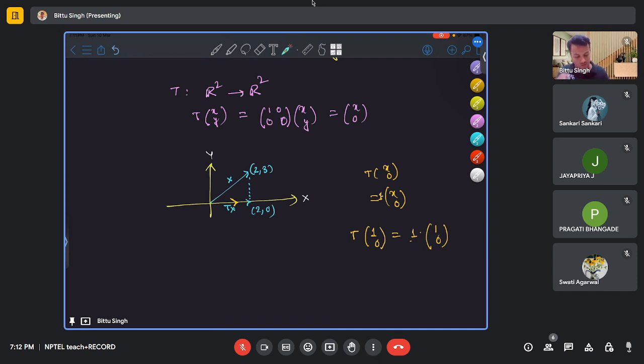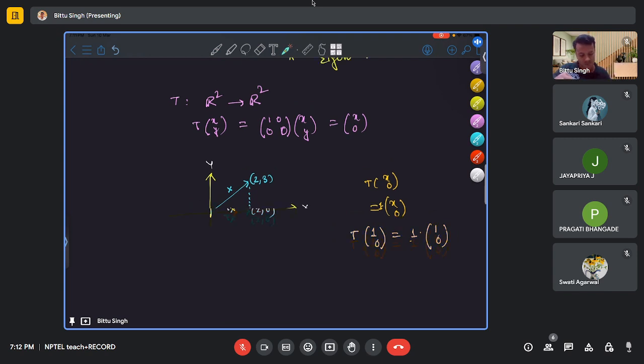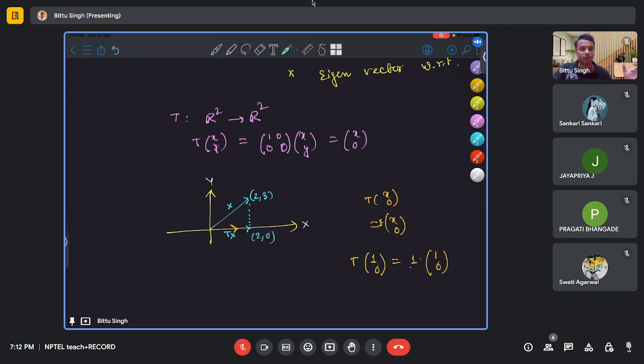Okay. So you can think of the eigenvalue as a stretching factor. There are some vectors for which T acts as stretching. Those stretching factors are called eigenvalues, and those vectors on which T acts as stretching will be called eigenvectors corresponding to that stretching factor.